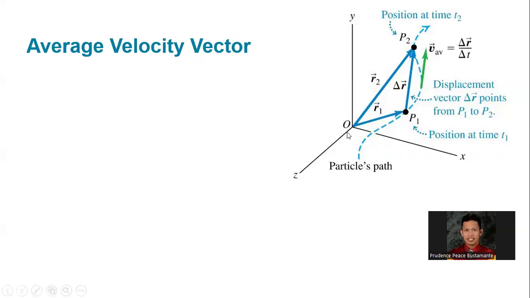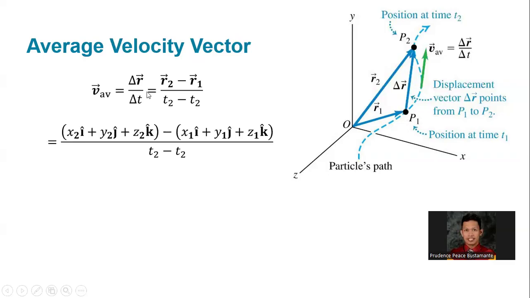We know that the average velocity is just displacement over the time interval. So since our displacement vector is delta r over delta t, this is our average velocity vector: the vector r2 minus vector r1 over t2 minus t1.